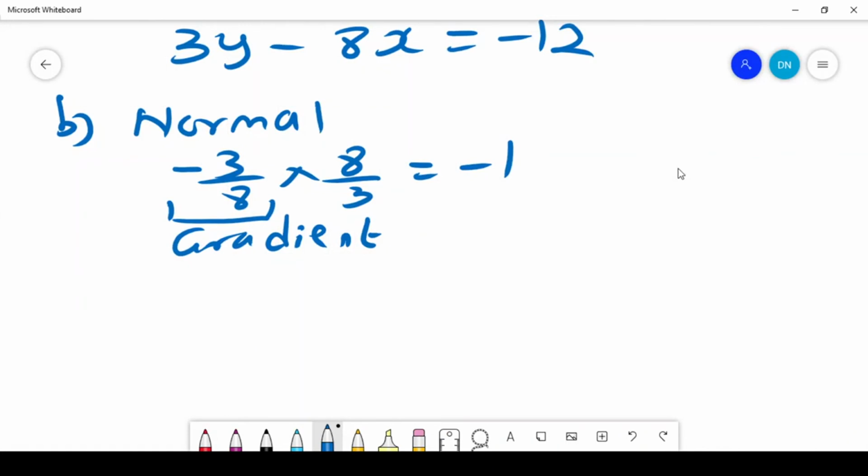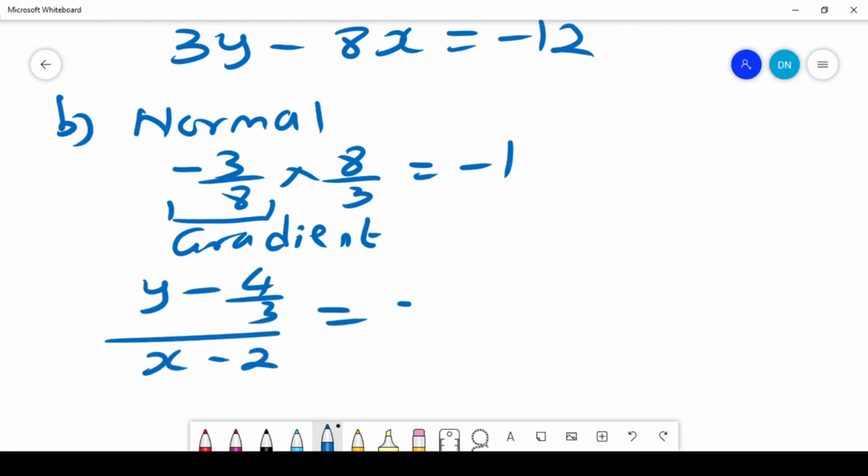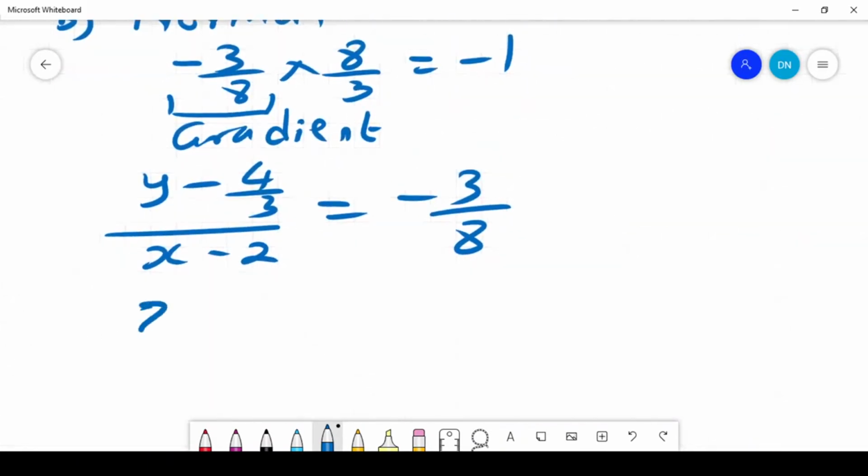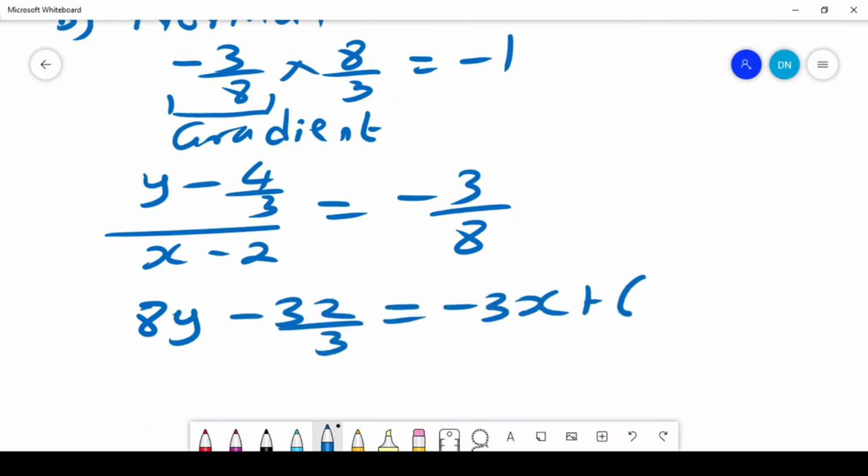And therefore, using the same points, (y minus 4 over 3) over (x minus 2) should be equal to minus 3 over 8. And therefore, the equation of the normal will be 8y minus 32 over 3 is equal to minus 3x plus 6.